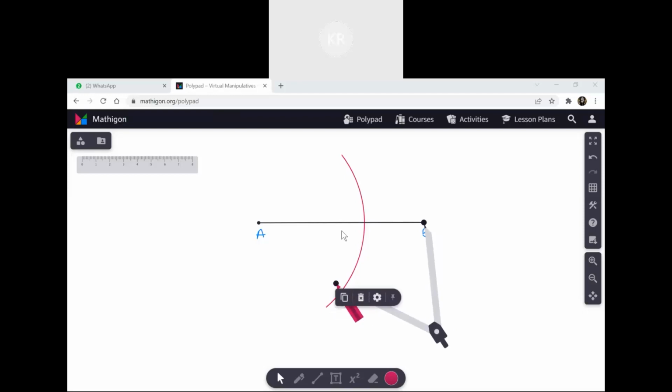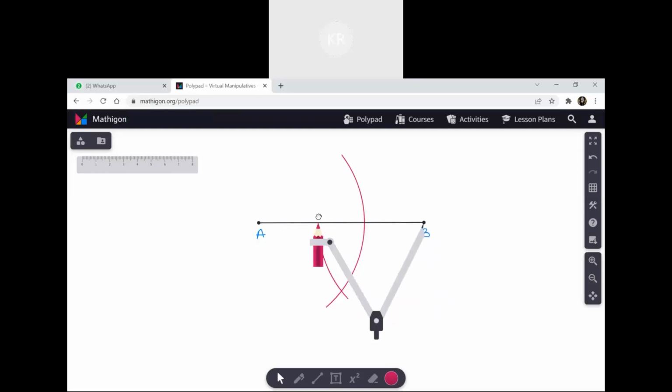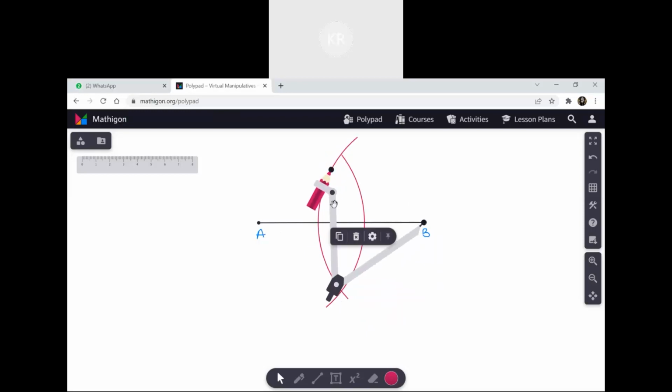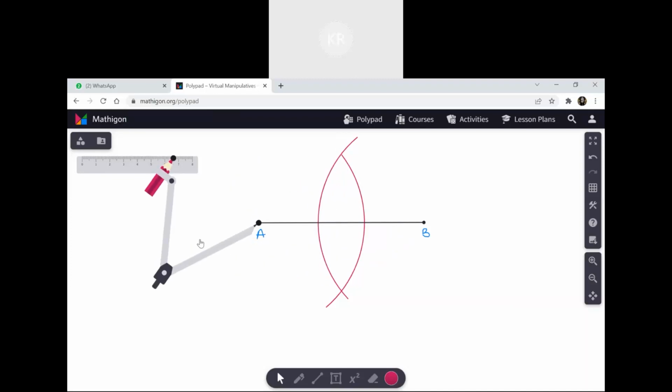How much I took with A as the center, that much only I took. Now I am cutting the earlier drawn arcs. Clear? It is not coming further, so we will bring it and complete it. Now you could observe, right?